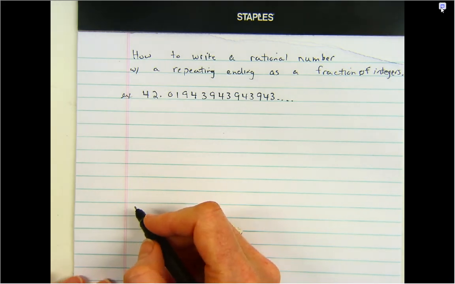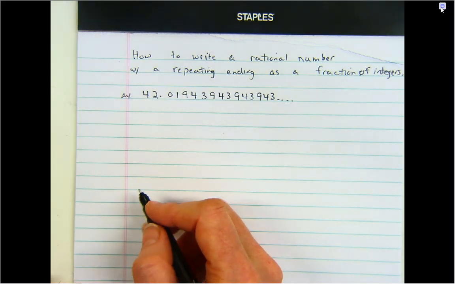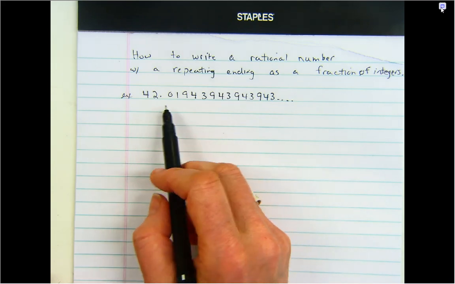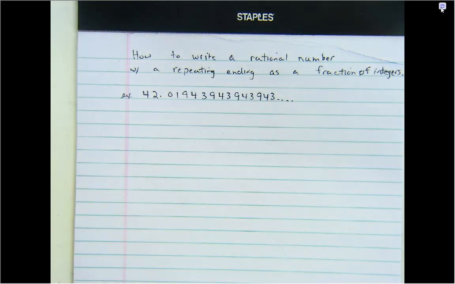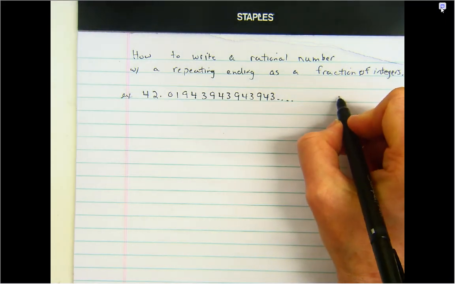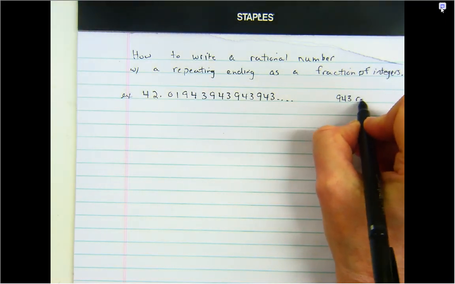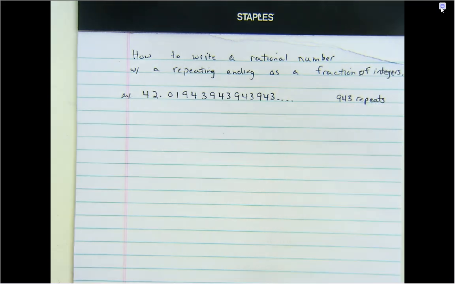So here's the plan. We count how many decimals are repeating. So right here you have 943 repeating. So find out how many decimals are repeating.